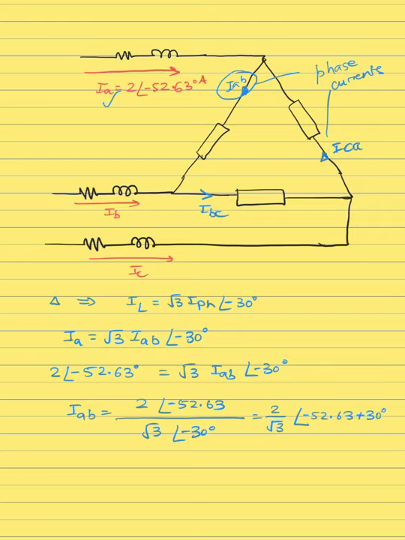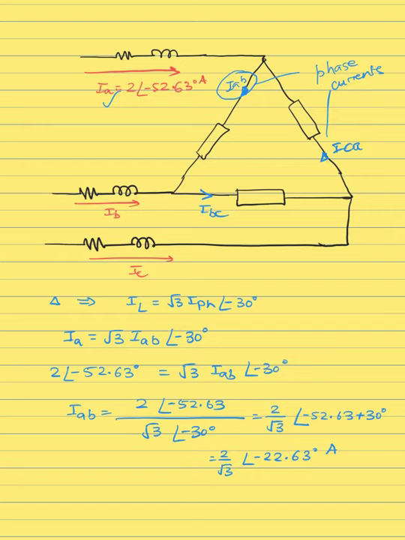This is a division in the polar form, so that's why angles are subtracted. The denominator angle is subtracted. So IAB is 52.63 over root 3 at an angle of negative 22.63 degrees, in amperes.